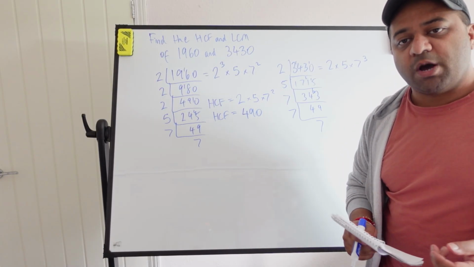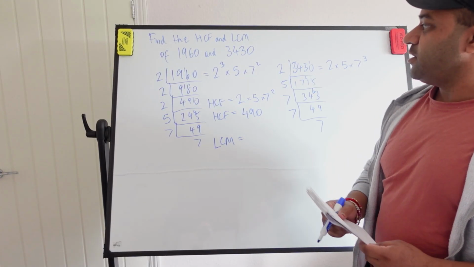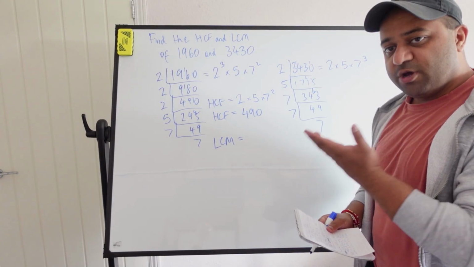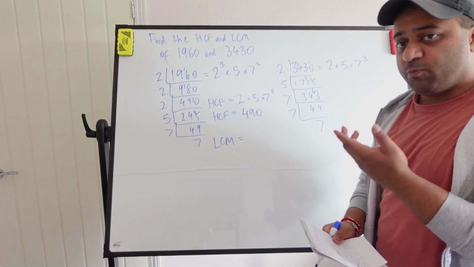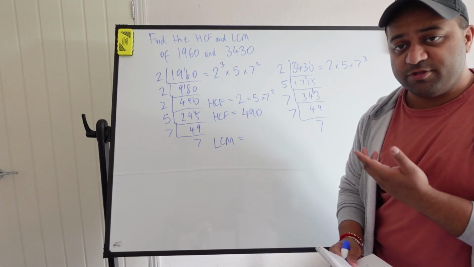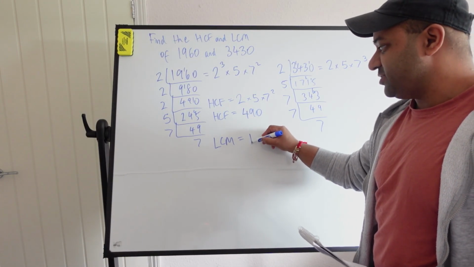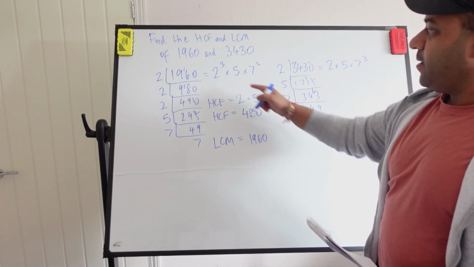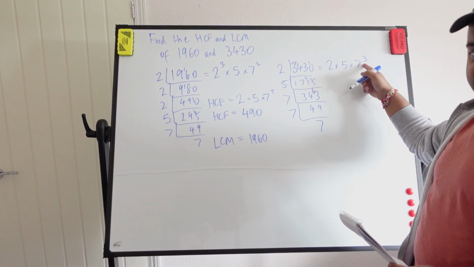Now for the lowest common multiple, we will look at the remaining numbers. As in, which numbers do 1,960 not have, and which numbers do 3,430 not have. So starting with 1,960, it's lacking this extra 7.